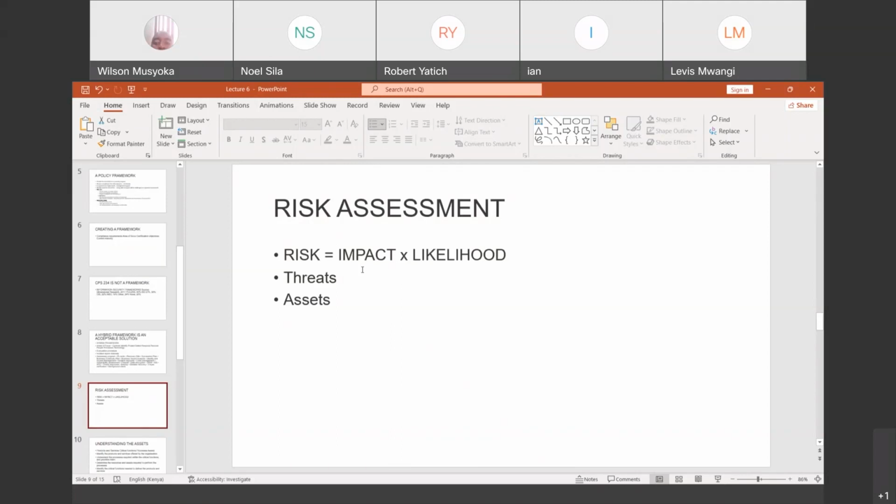What impact does it have? Huge. And what is the likelihood of a natural disaster? Then you get and handle it. So that is how you are able to know the impact and likelihood that is going to give you the risk. Then what are the threats and what are the assets which are being affected by those threats.